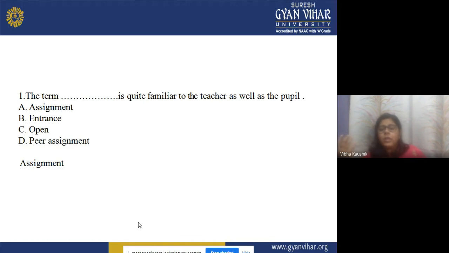Means both teacher and pupil know that term very well. The options are A assignment, B entrance, C open, and D peer assignment. Now which is that? That is option A, that is assignment. Means with the assignment term both teacher and pupil are familiar.